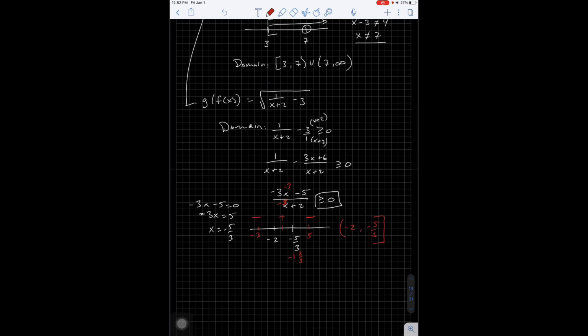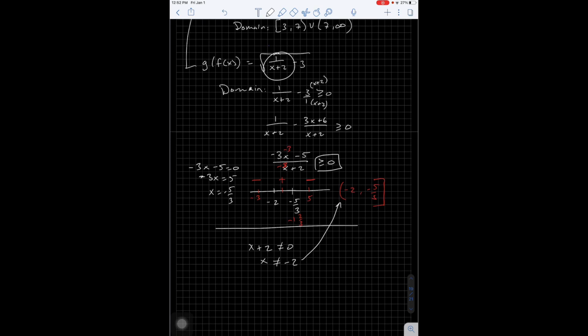Now we need to look at the restriction on the fraction of this function. And the fraction's simpler. Just take your denominator and make it not equal to 0. So x is not equal to negative 2. Okay, now x is already not equal to negative 2 because it got excluded in the previous section, so that doesn't add any information, and we have that the domain is from negative 2 to negative 5/3.